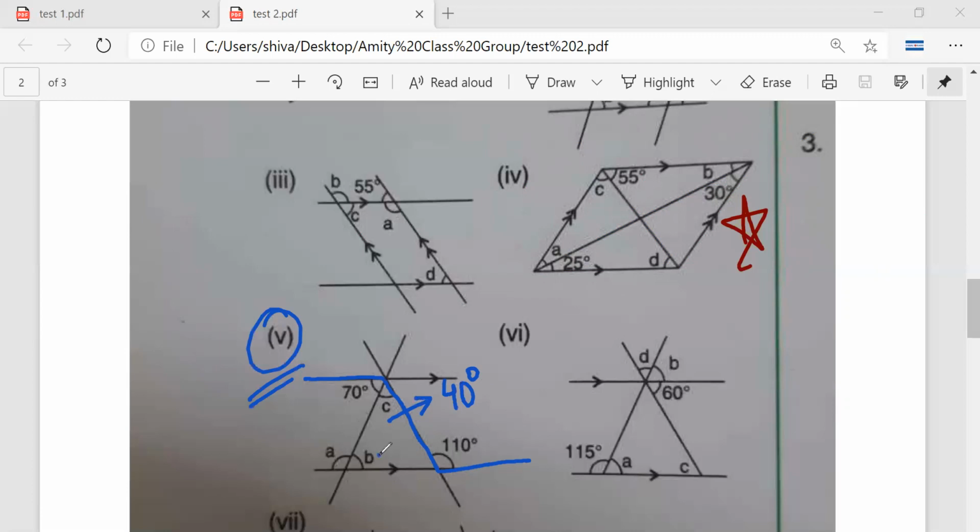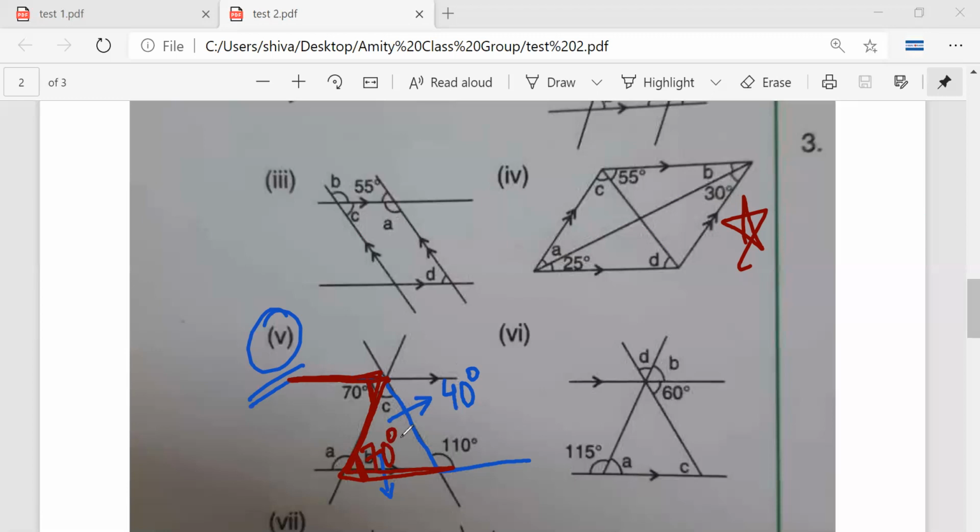Okay. Therefore, B would be... Mr. Satya. So 70 degrees. 100. See, this is a Z. Therefore, this angle would need to be equal to this angle. Therefore, this angle would be 70 degree.